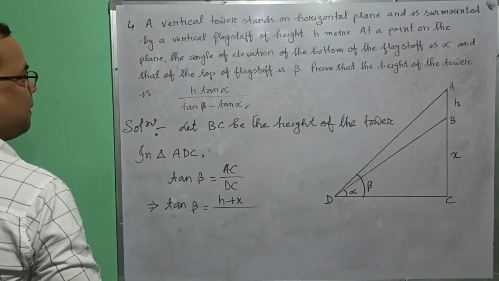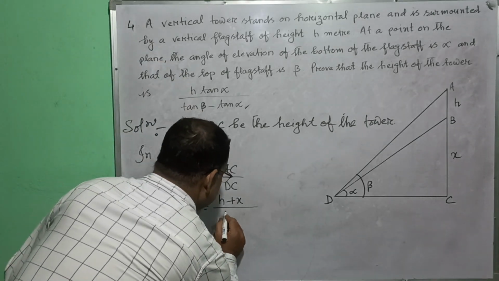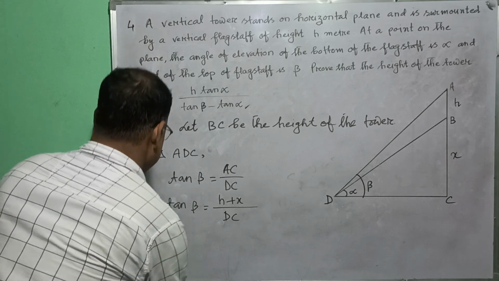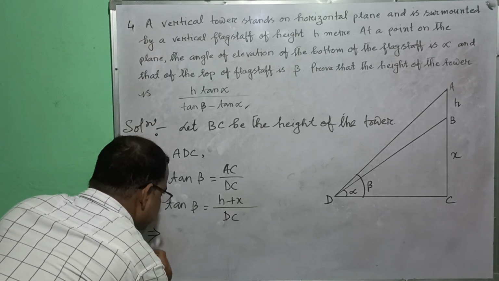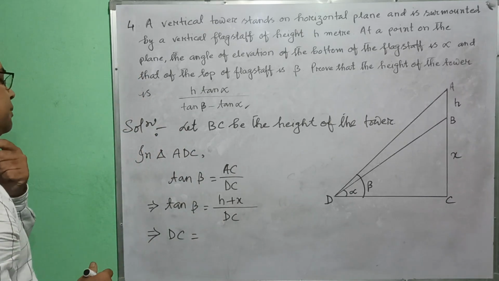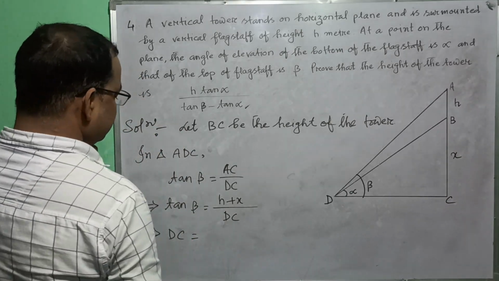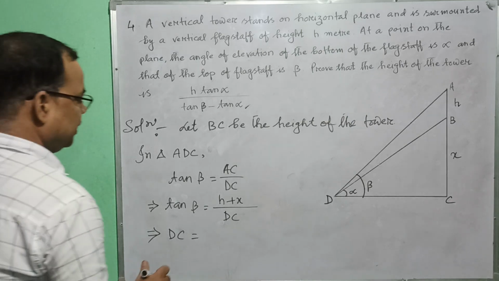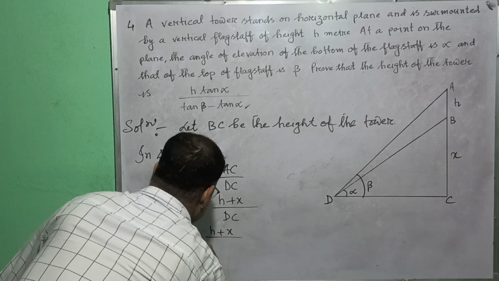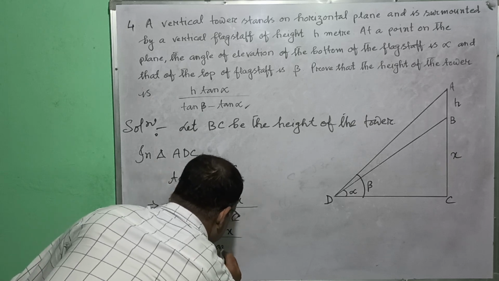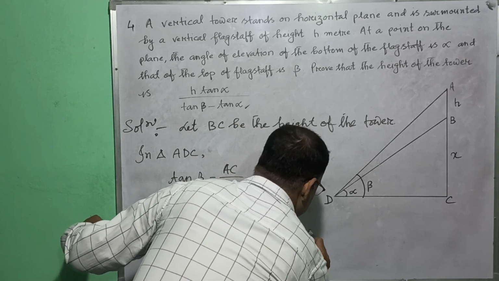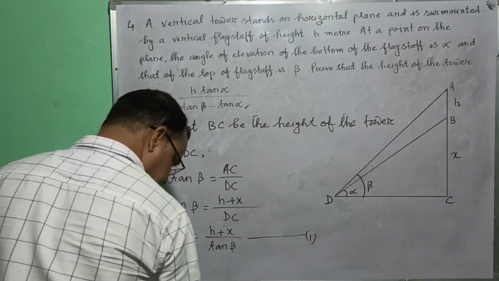DC is not given, so if we arrange it, DC equal to what? By cross multiplication, we get DC equal to h plus x divided by tan beta. So let it be equation number 1.